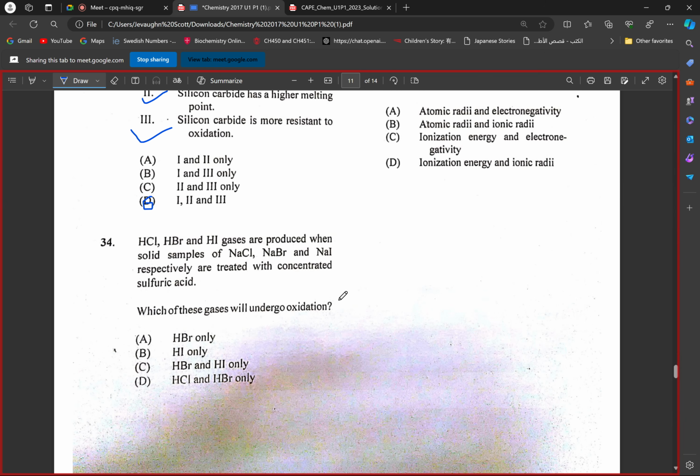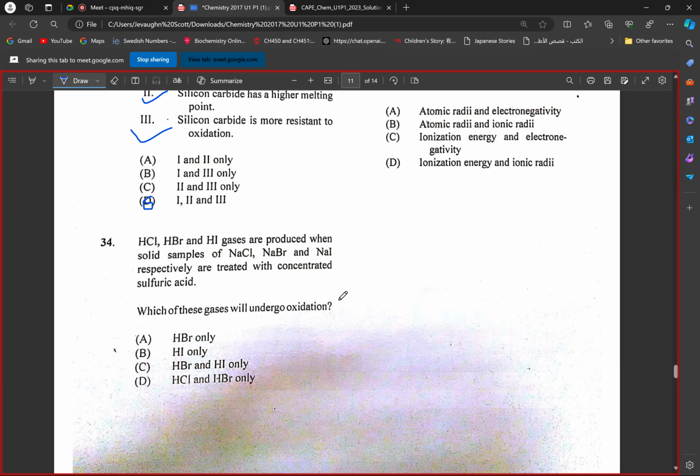How does oxidizing power change going down group 17? It reduces going down.